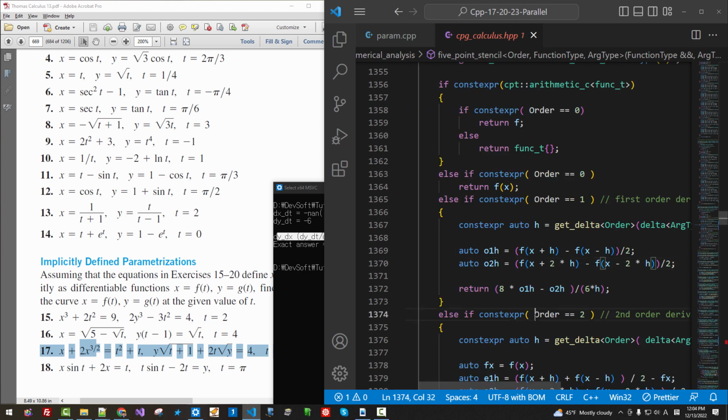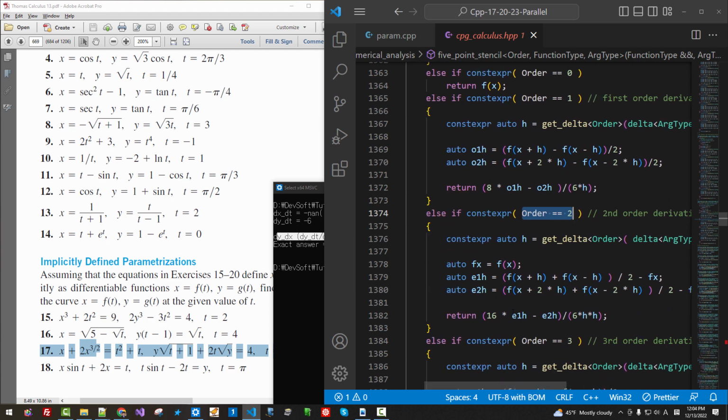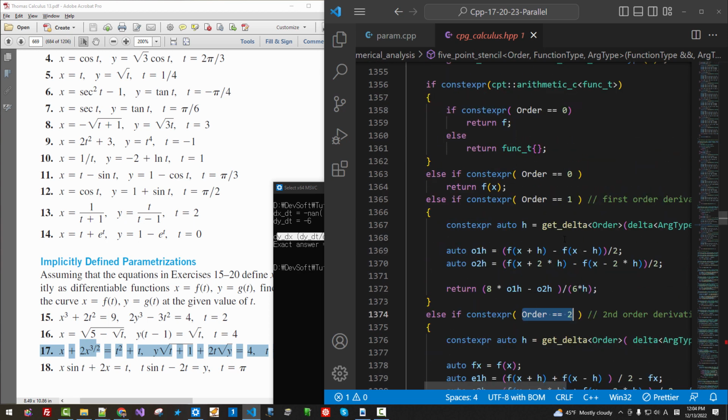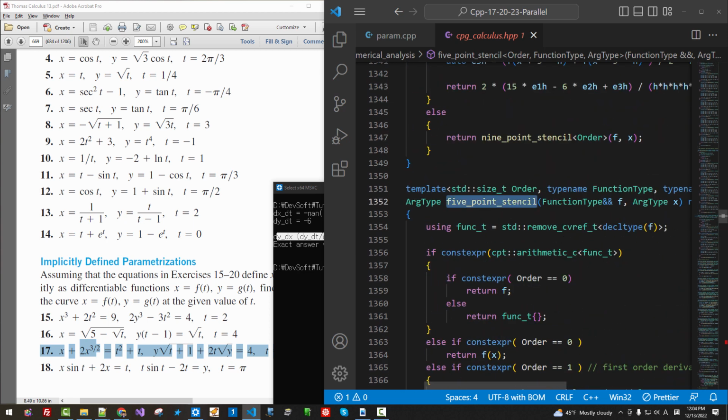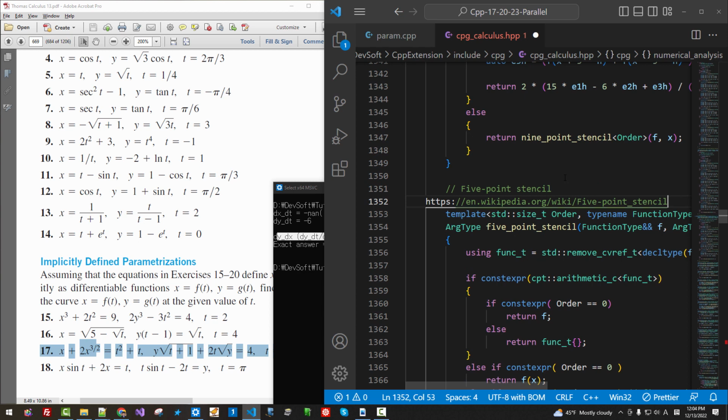In case of even ordered derivative or second order derivative, our function calls fx once, 2, 3, 4, 5. Basically, our algorithm uses 1 point, 2 point, 3 point, 4 point, 5 point in case of even order derivative. That's why we call it the 5-point stencil algorithm. The 5-point stencil algorithm is explained in this document.